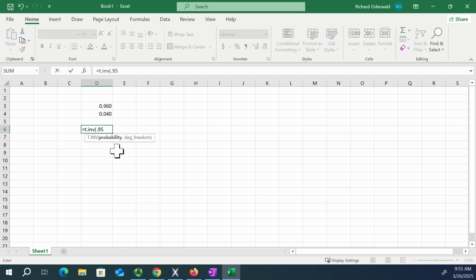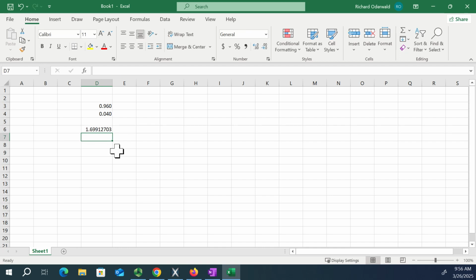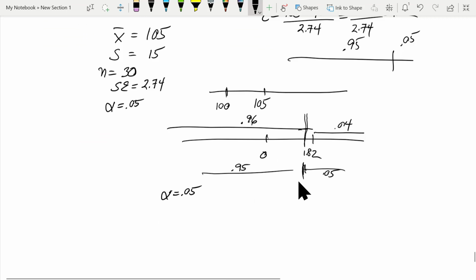This is going to cut off 5% in the upper end with 29 degrees of freedom. And I get basically 1.7. So if I look here, this cutoff is 1.7.